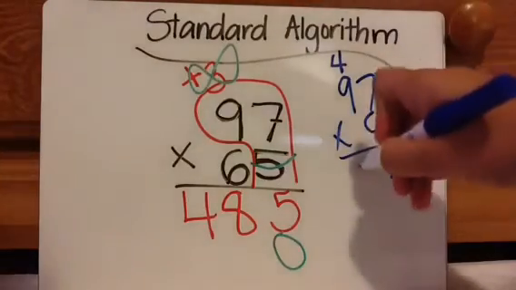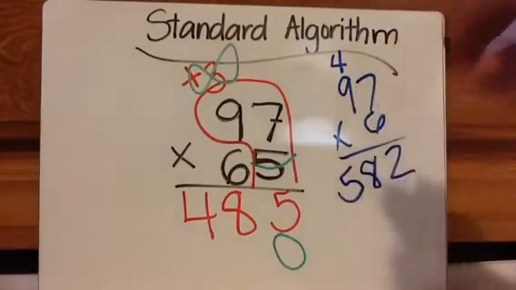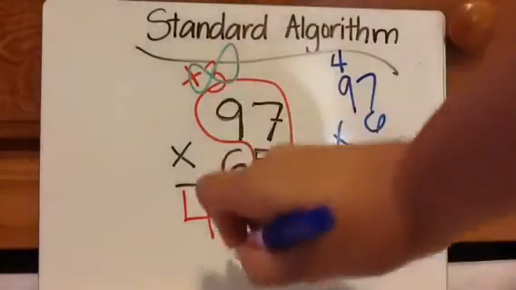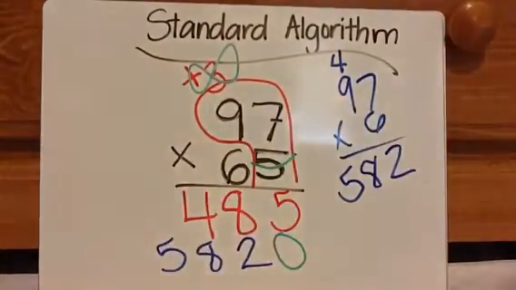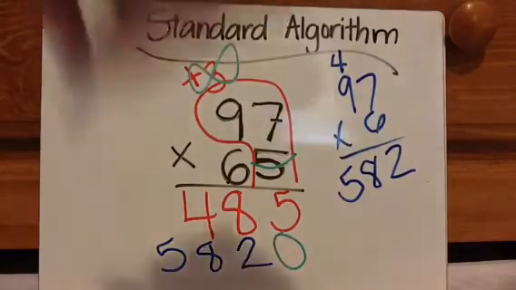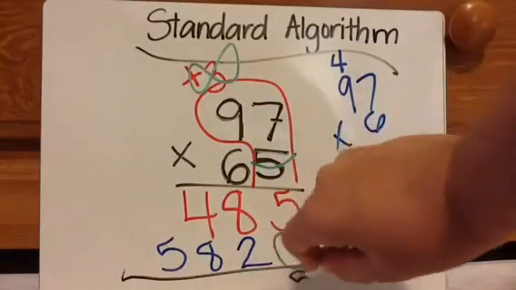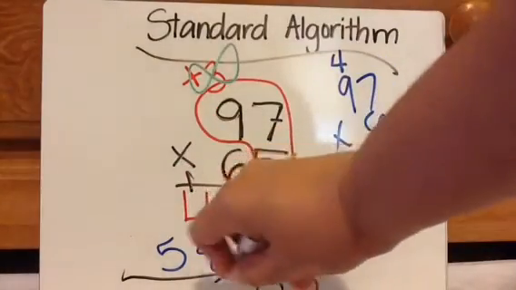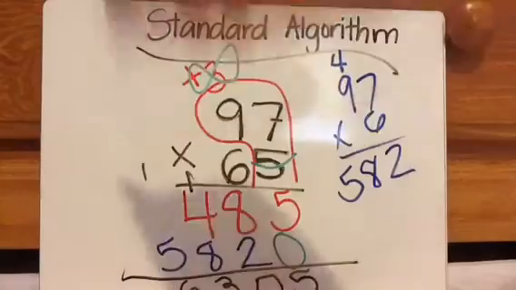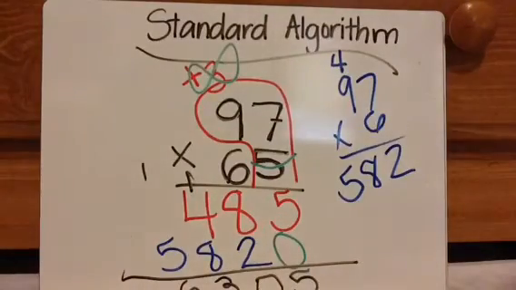Plus 4 is 58. So I'm going to just put all that over here. Step 4, add it all together. 6,305 is what I got.